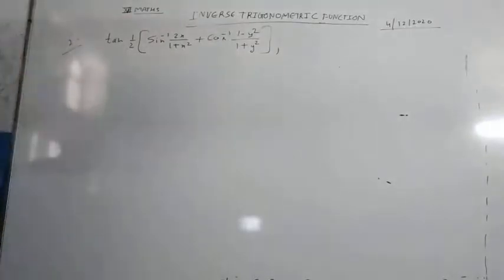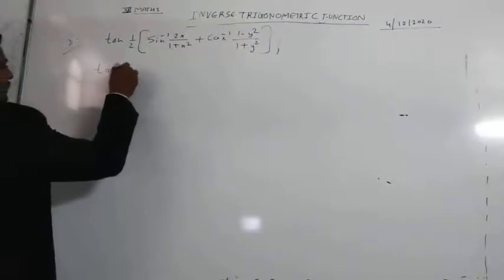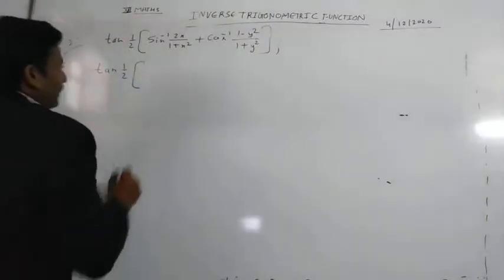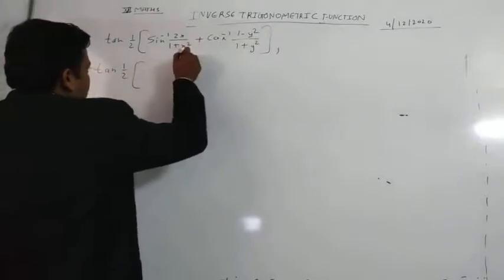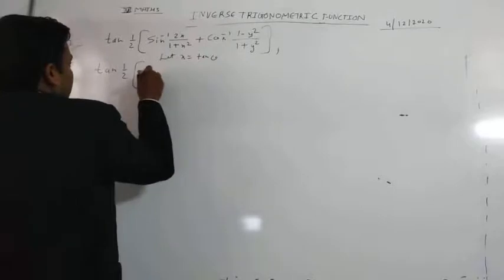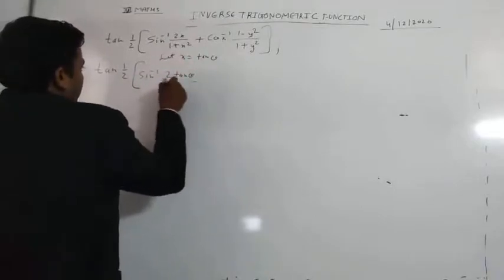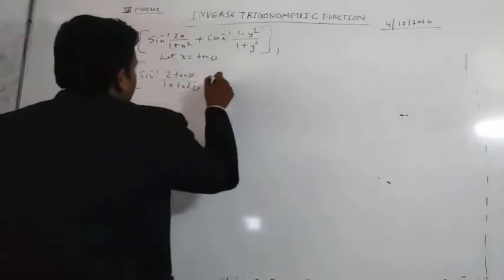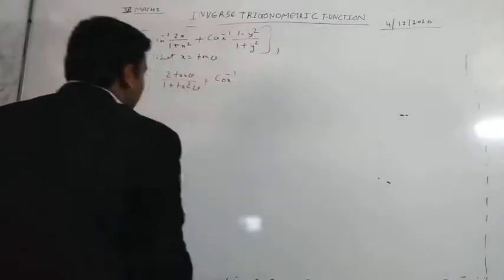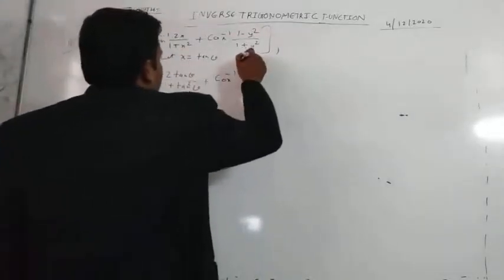So we have to simplify this. In tan of 1 by 2, we are supposing that x is tan theta. So we can write sin inverse of 2 tan theta upon 1 plus tan square theta, and cos inverse, let this y be tan phi.